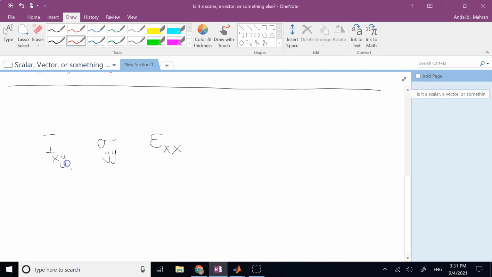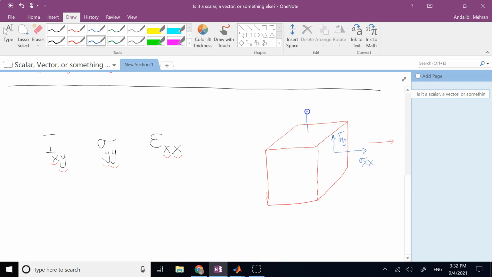If you look at them, they have 2 subscripts, which means they need 2 directions, okay? For example, if you look at the stress, and if you know from solid mechanics, we have this guy called the stress element, right? So when you look at the stress element, and let's say this direction here is x, then this stress here is what we call sigma_xx, and then this stress here, we call tau_xy.